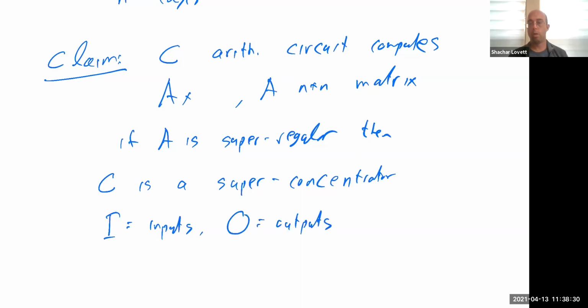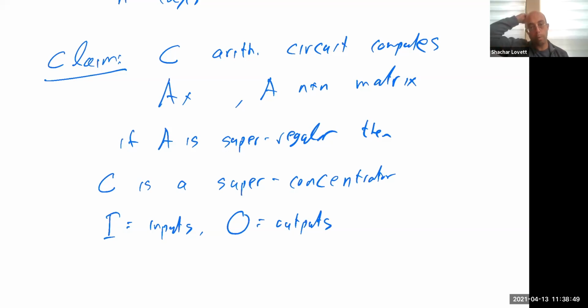Again, that's going to be the main claim connecting these two notions. If I have a super-regular matrix and I take a circuit implementing it, then this circuit has to be a super-concentrator, with this super-connected property.